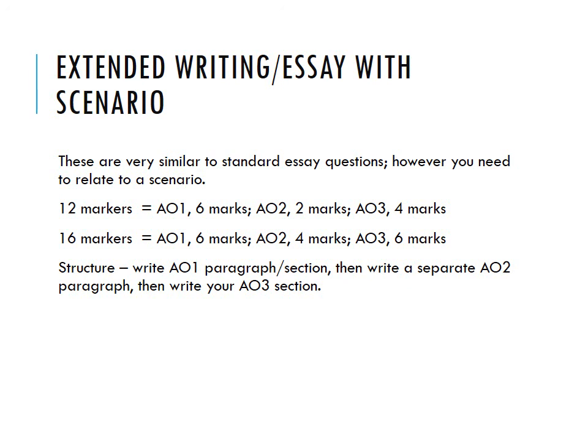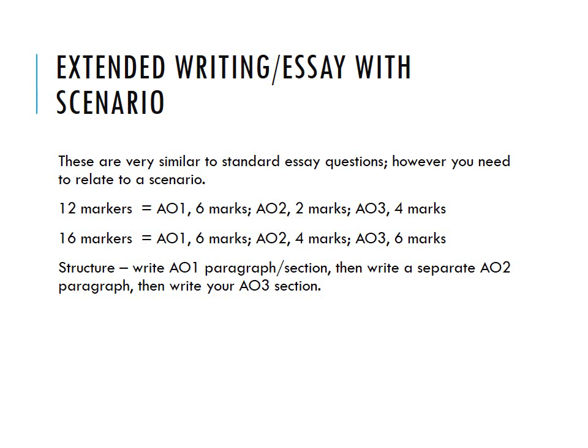AO1 stays the same at 6 marks. Write your AO1 paragraphs or section, so 2 AO1s on that. Then write a separate AO2 paragraph. Don't try to include your AO2 in with your AO1 as it becomes easily muddled and confused.